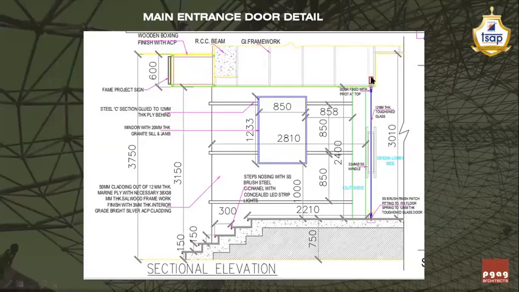Then this particular MS lintel is hung from the RCC slab above by giving 600 mm L angles, which are welded to the box section below, and they are fixed to the RCC slab with the necessary base plate and necessary hardware. All these elements are going to be part of your tender as well.